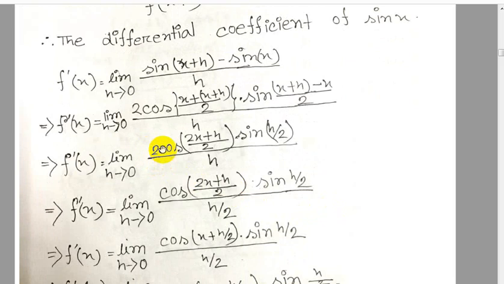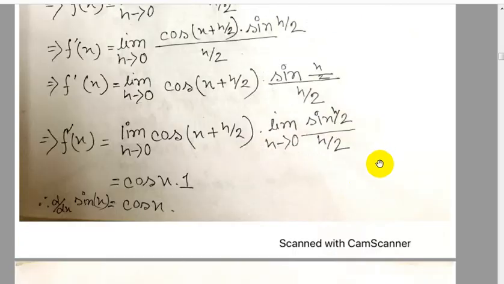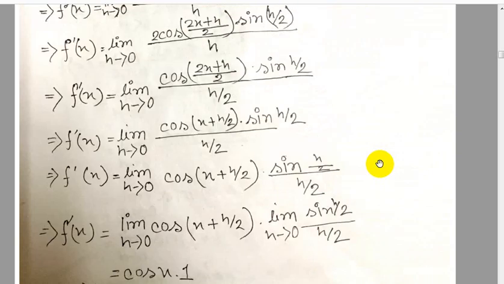We just took this 2 from the numerator to the denominator, and it has become h by 2. Remember one thing, the limit h tends to 0 of sine x divided by x equals 1. Limit x tends to 0. This note is not provided here.